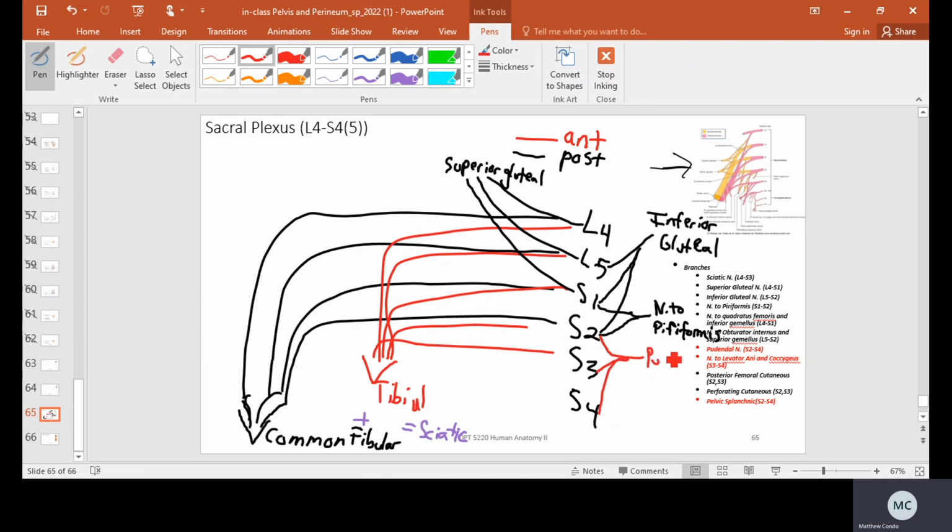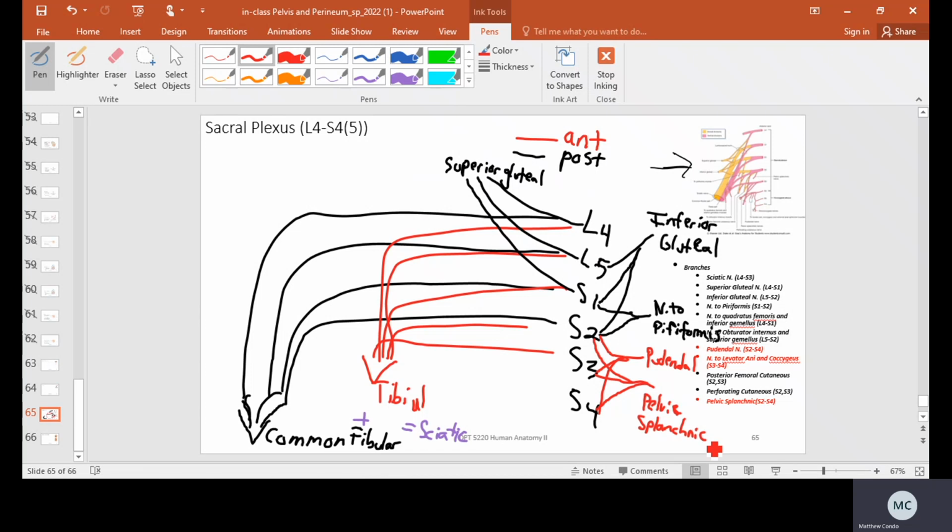So that's going to be my pudendal. And then my pelvic splanchnics, and remember that is parasympathetic innervation. That's going to come off of S2, S3, and S4.